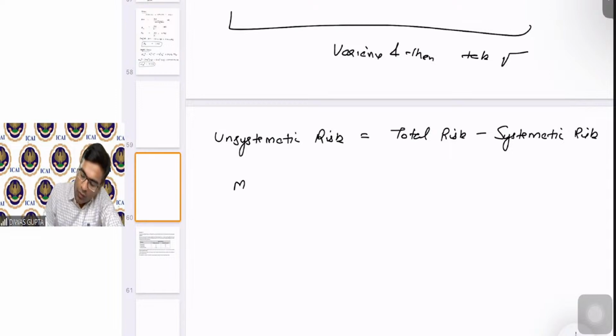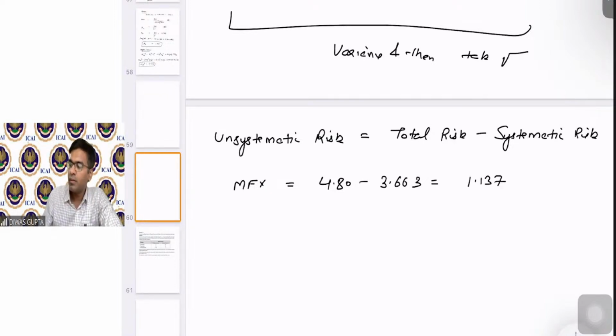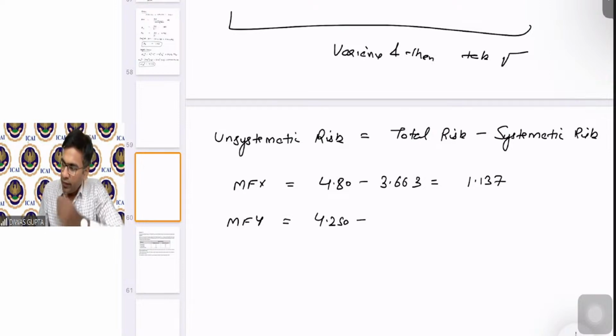So for mutual fund X, the total risk was how much? 4.80, which is the variance, minus systematic risk of 3.663, which is 1.137. Mutual fund Y will be 4.250 minus 2.528, 1.722.